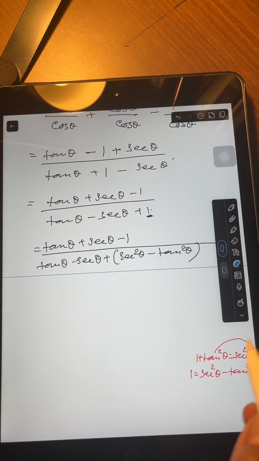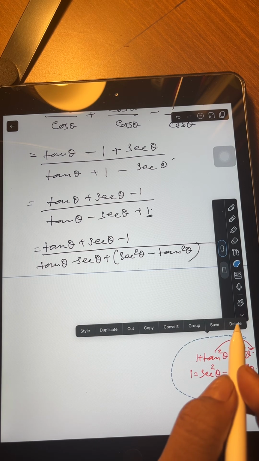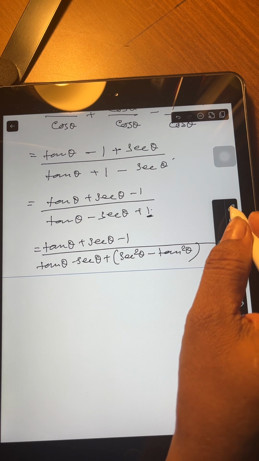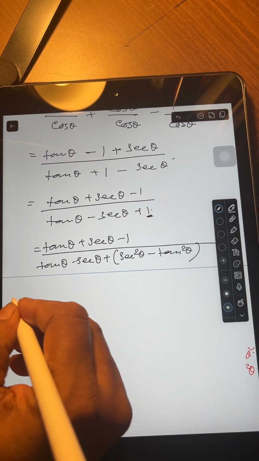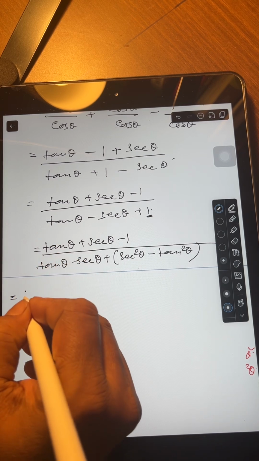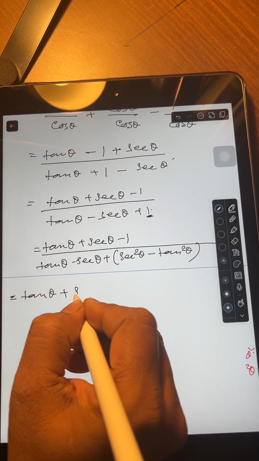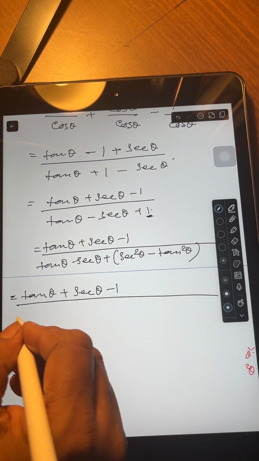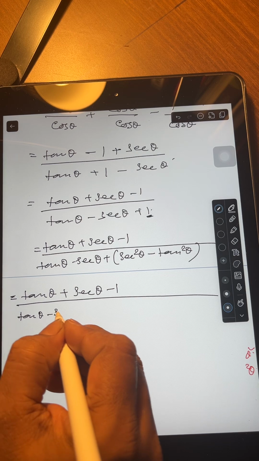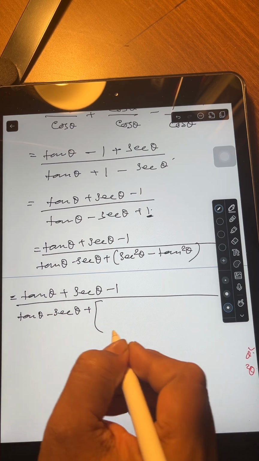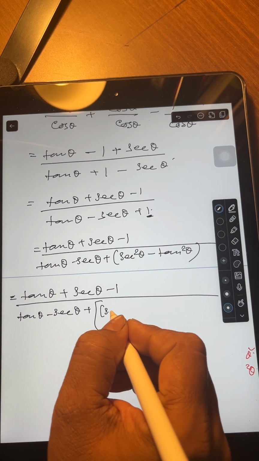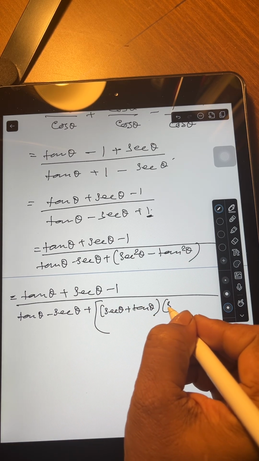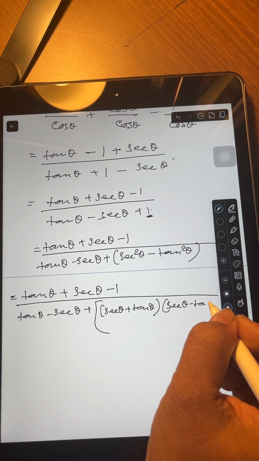So what can we write? We can write it as (a plus b)(a minus b). Okay, so now the numerator as it is, secant theta minus 1, by tan theta minus secant theta plus, I can write this as (secant theta plus tan theta)(secant theta minus tan theta).